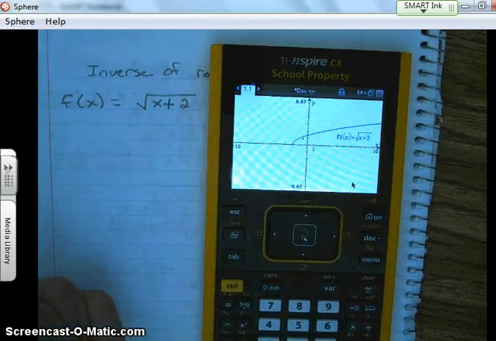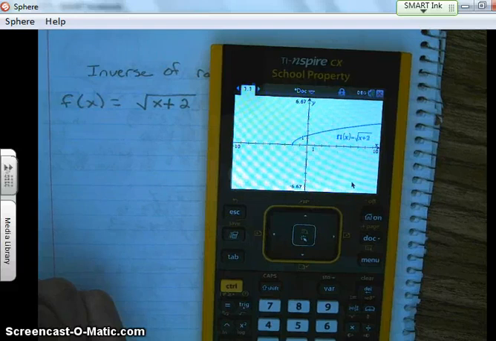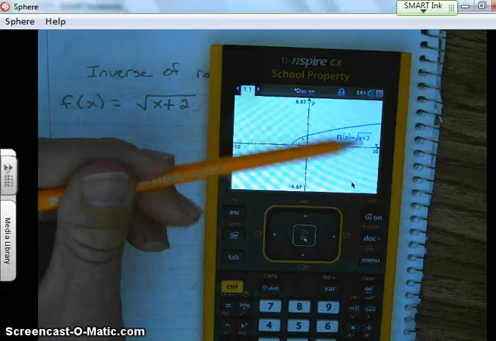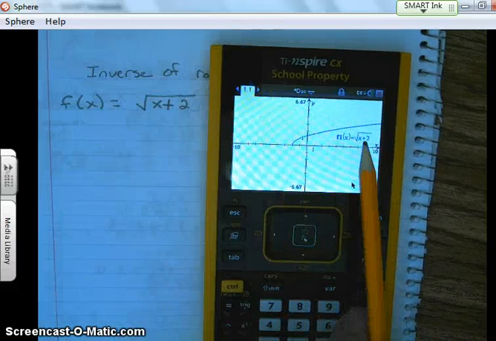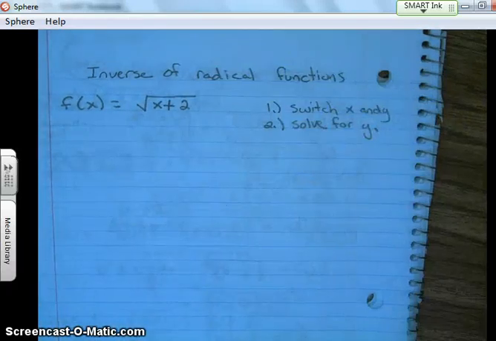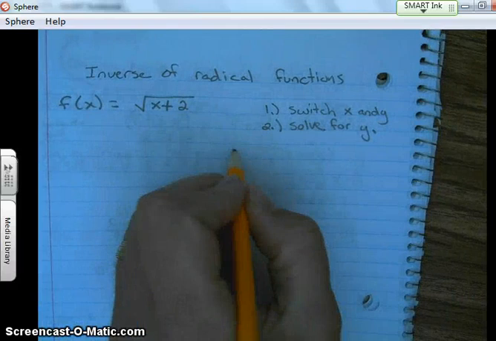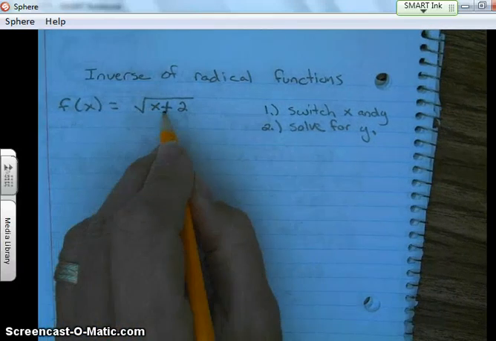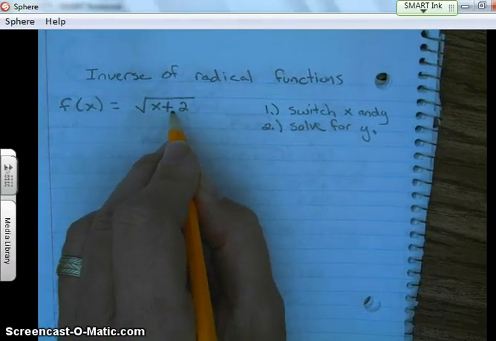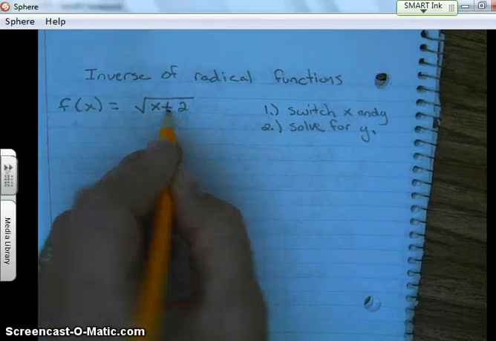So this is a one-to-one function because it passes not just the vertical line test, but it also passes a horizontal line test. It only touches it in one place. So a function has an inverse function if it is a one-to-one function.